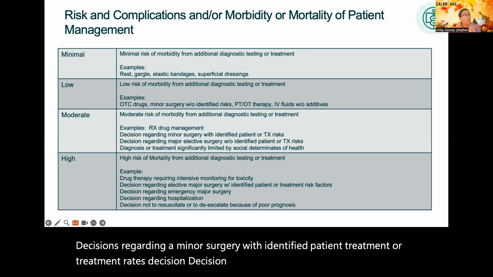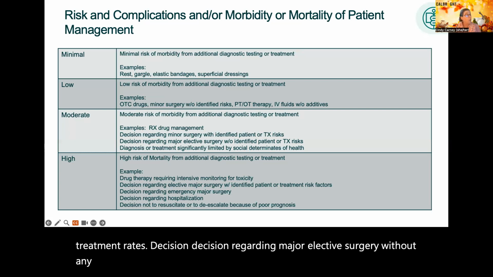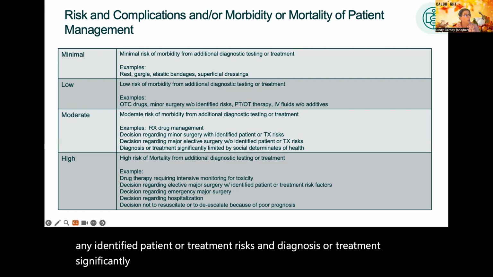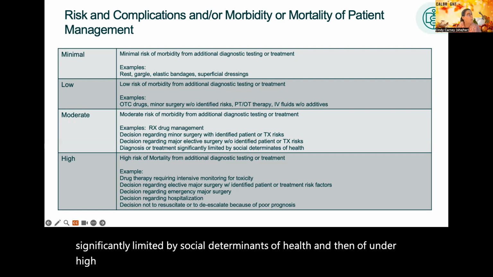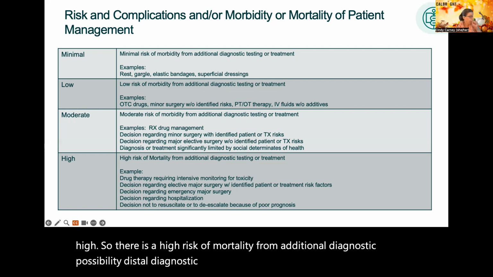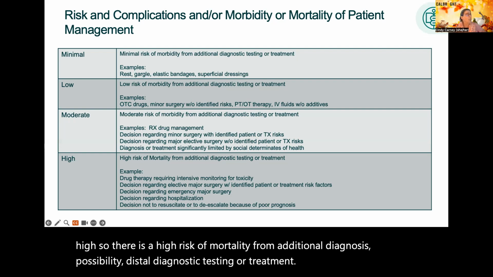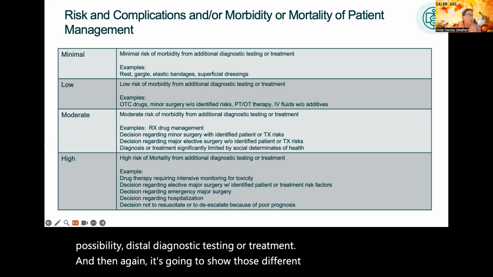Decision regarding major elective surgery without any identified patient or treatment risk, and diagnosis or treatment significantly limited by social determinants of health. And then under high, there is a high risk of mortality from additional diagnostic testing or treatment. And then again, it's going to show those different elements to that high risk of complication and or morbidity.